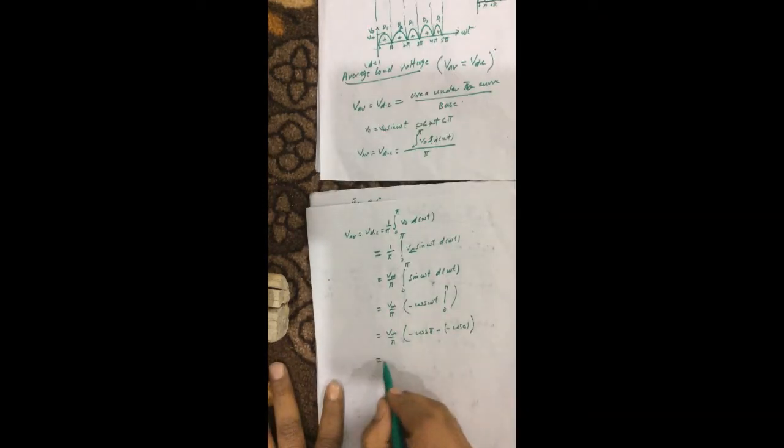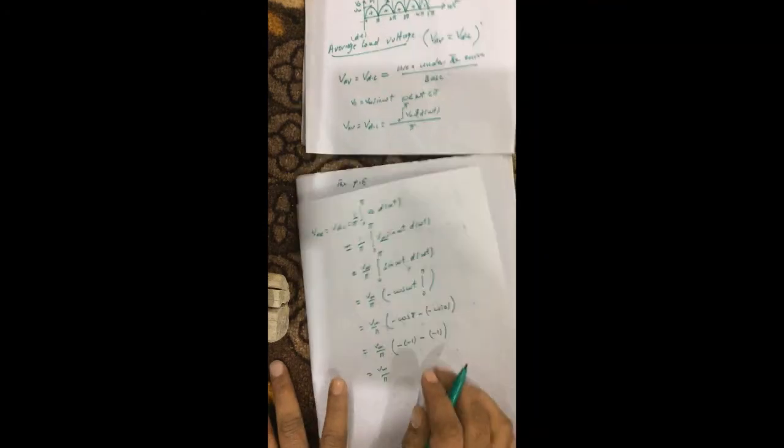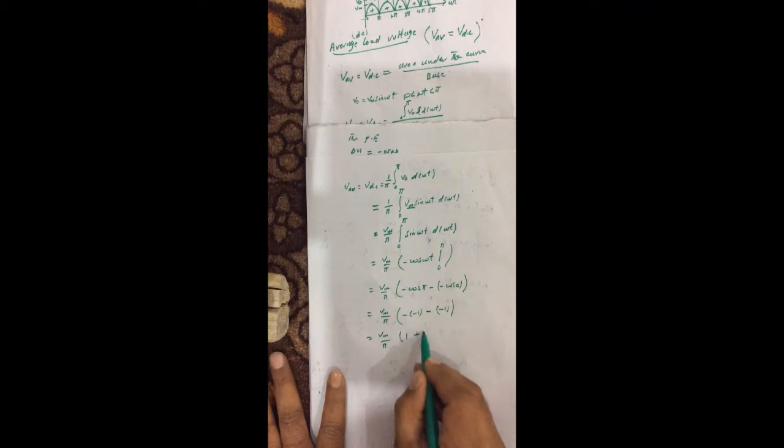Minus cos of pi is plus 1, then minus times minus cos of 0 is plus 1.